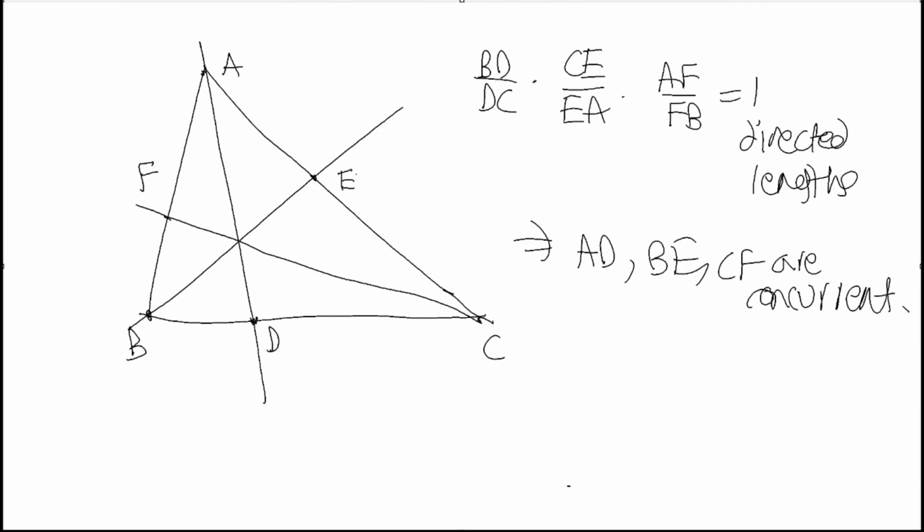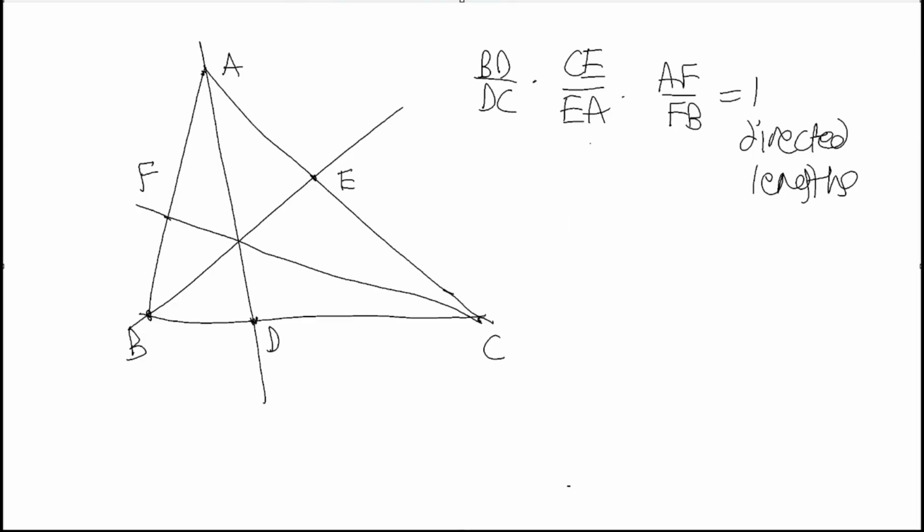Okay, so how do we prove this? Well, this looks very similar to what we proved earlier, and indeed it is, because it's actually just the converse of it. So let's see if we can use this length relation when 3 lines are concurrent to our advantage. And this proof is really, really cool, so I highly suggest you pay attention to it.